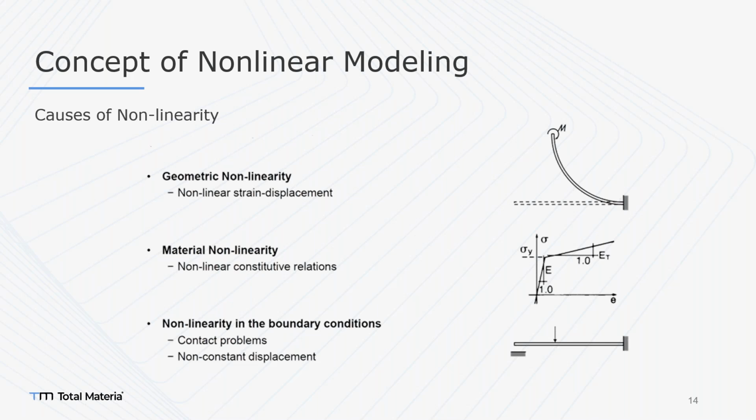So we have 3 different causes of nonlinearity. It could be geometric nonlinearity, or material nonlinearity, maybe plasticity or another nonlinear model, or it could be in the boundary conditions.